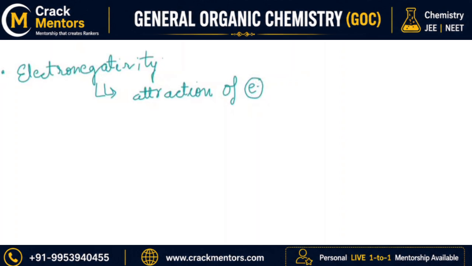As we know, sp is already short of electrons. Therefore, it will be much more attracted towards electrons. This way I can say that sp has higher electronegativity than sp2, than sp3. This was the logic behind this.